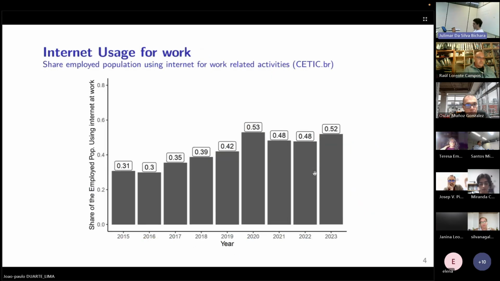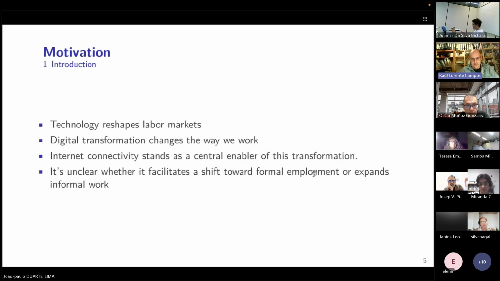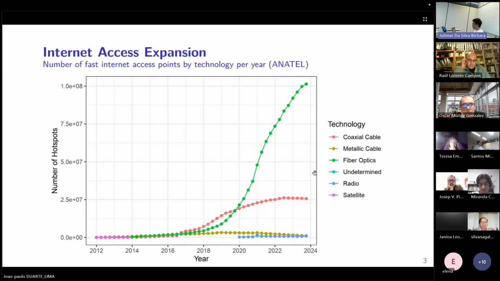By that we can also see that people started using more internet for work. Before, almost no one had fast internet access, and now most of the population has access to high-speed internet.